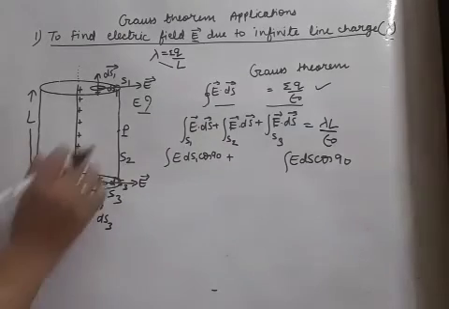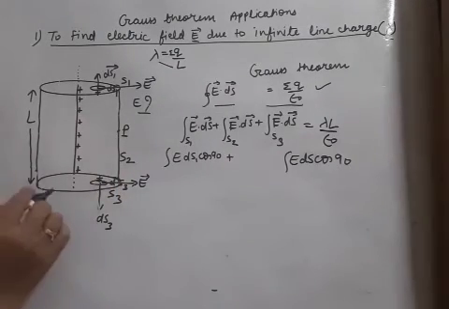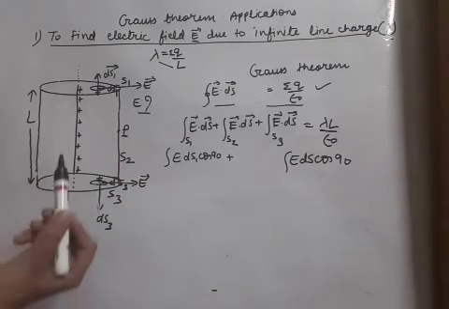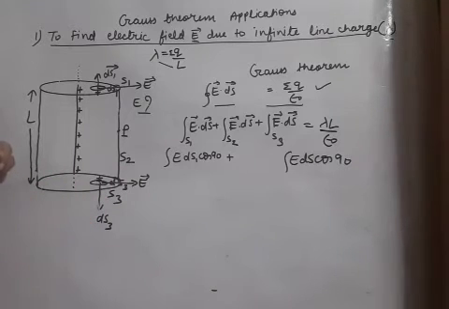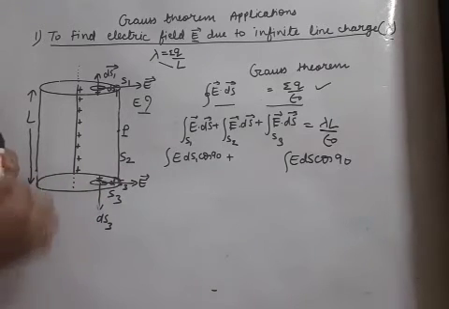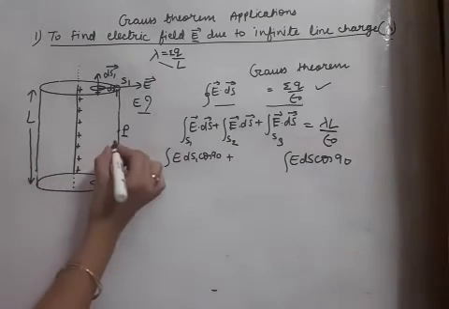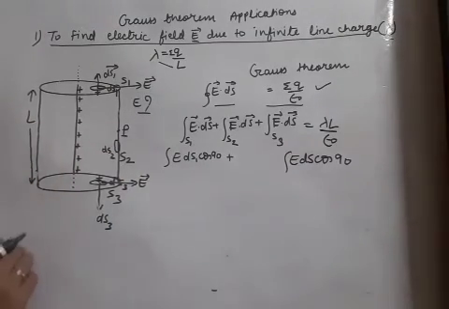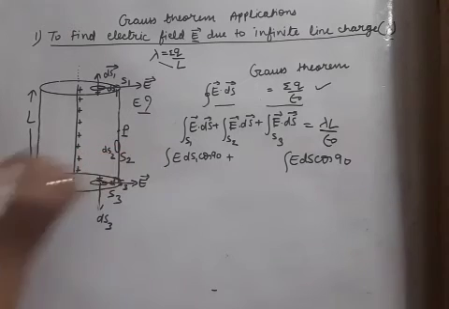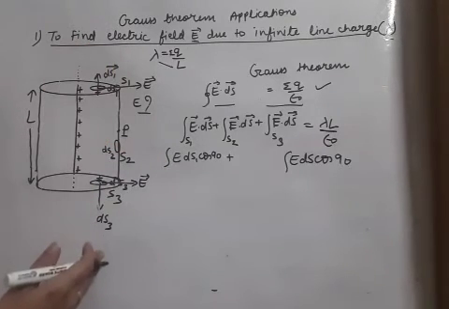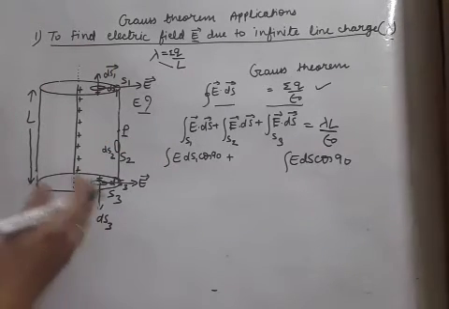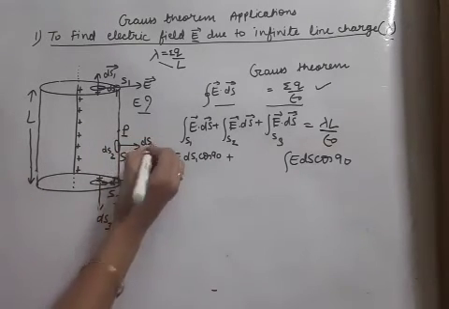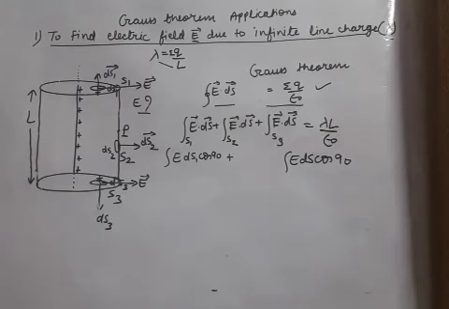Now S2. S2 surface means this curved surface. So this curved part, as you can see of this pen, is vertical. If we take a small part here, ds2, it will be vertical. Now where will the ds2 vector be? If the surface is vertical, the normal vector will be horizontal. So the ds2 vector we have drawn.